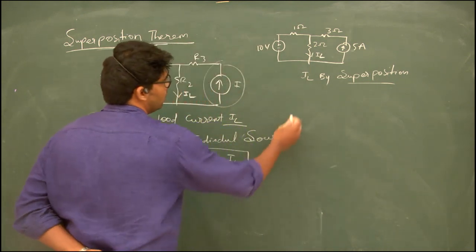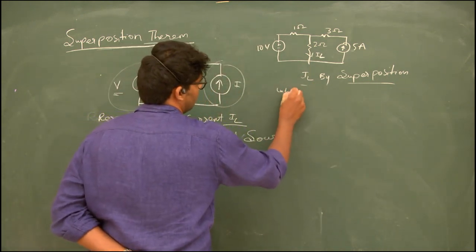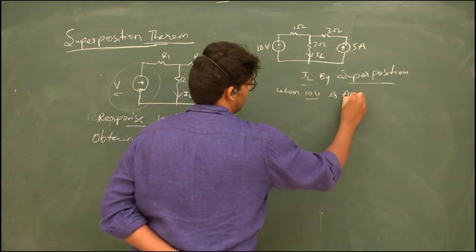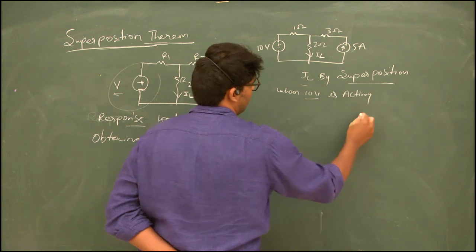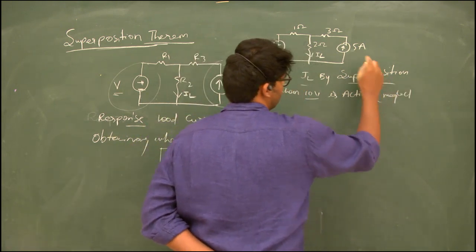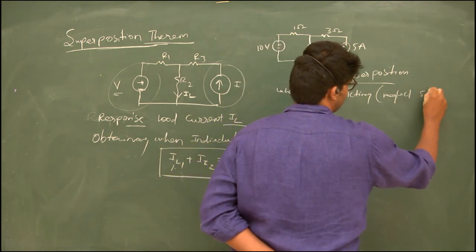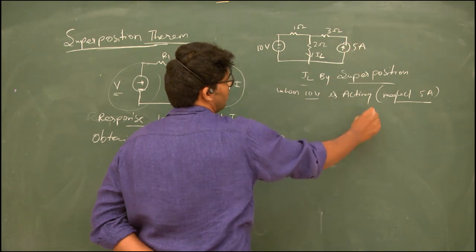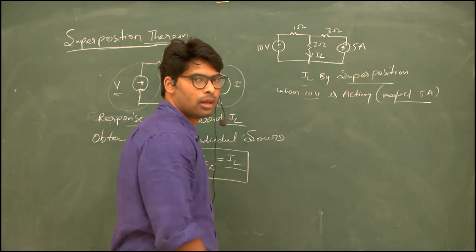Now, when 10 volts is acting, we have to neglect this current source. How is the current source nullified? By open circuit.